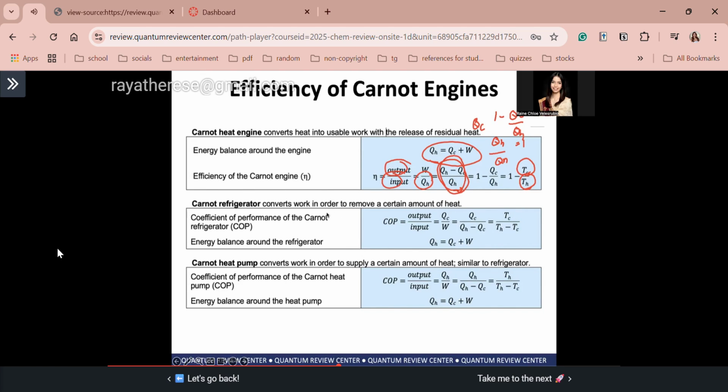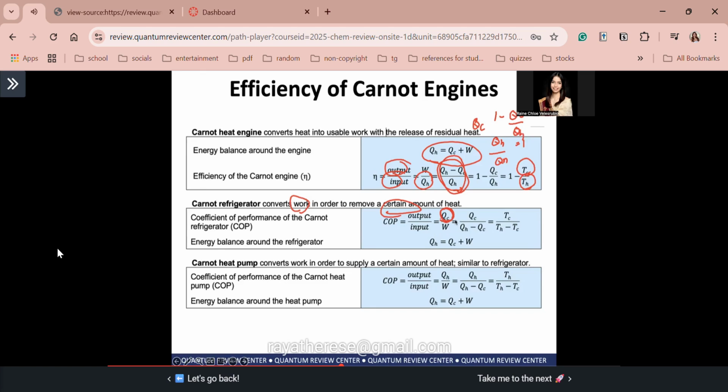Okay? Next, for a Carnot refrigerator, again, it converts work, so may na-input kang work, in order to remove a certain amount of heat. Okay, so the coefficient of performance of the Carnot refrigerator. So guys, when we say coefficient of performance, it is related to efficiency. So parang din siyang efficiency. That is equal to output over input. Again, our output is the QC, right? So basically, guys, naglabas tayo ng heat from the cold reservoir.